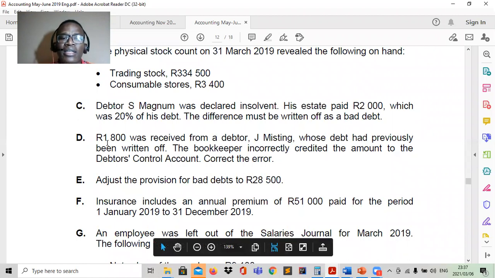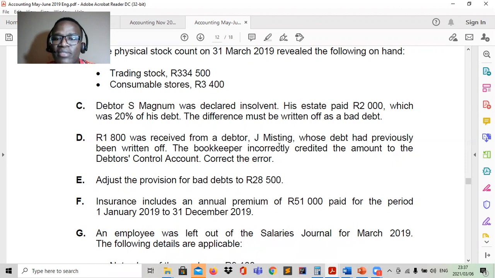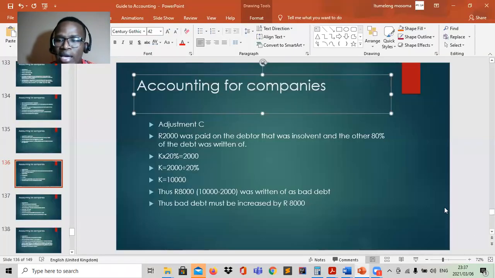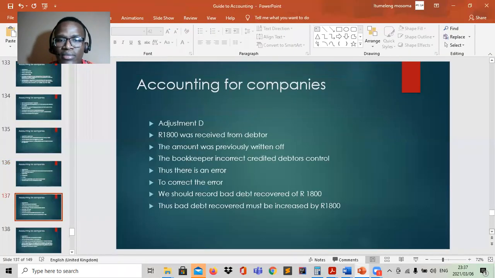Adjustment D, right? We're told that 1,800 was received from debtor J.M. Sting, whose debt was previously written off. The bookkeeper incorrectly credited the amount to the debtor's control account. Correct the error, right? So let's go back to the slides and see how this is accounted for.